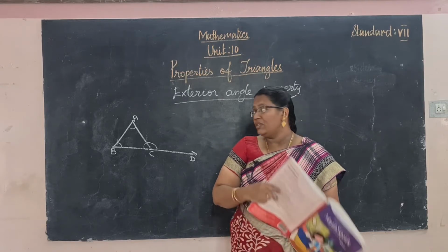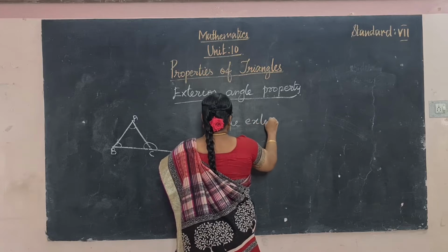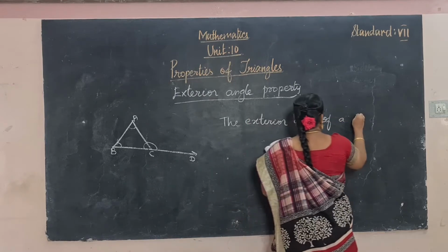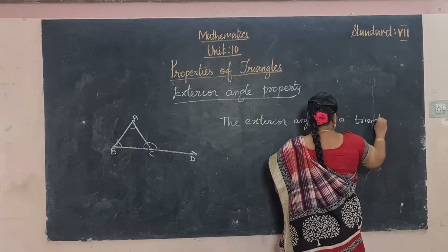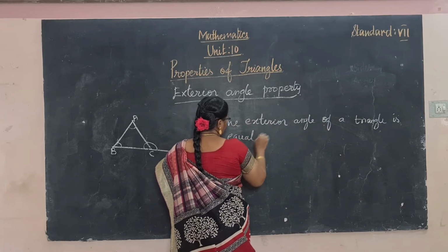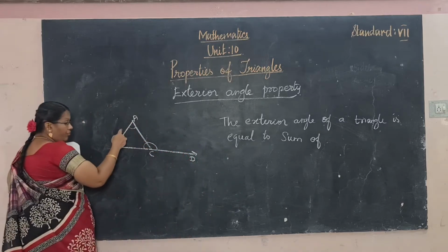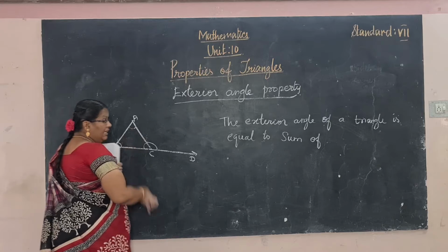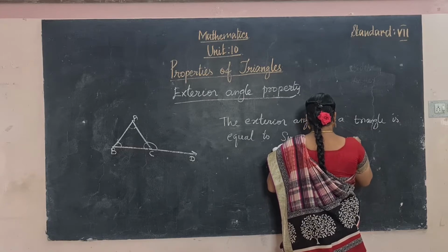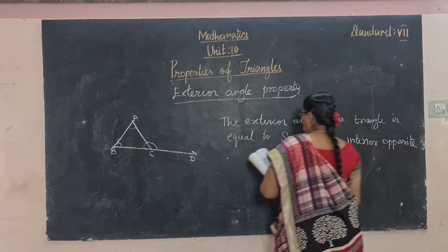What is the definition of the exterior angle property? The exterior angle of a triangle is equal to the sum of the interior opposite angles.